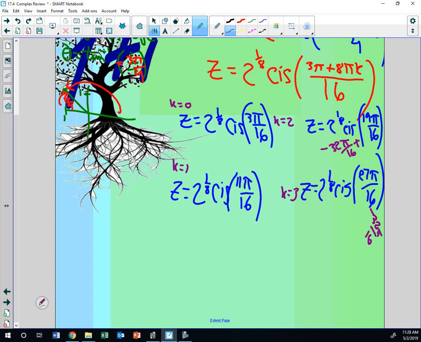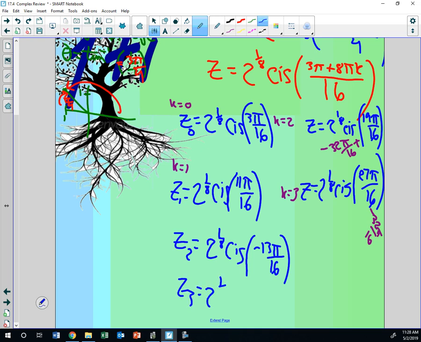And so that top one, this was z0, this is z1, z2 is going to be 2 to the 1/8 cis, what is that, negative 13 pi over 16. And then the other one is going to be z3. That's going to be 27, negative 5 pi over 16.